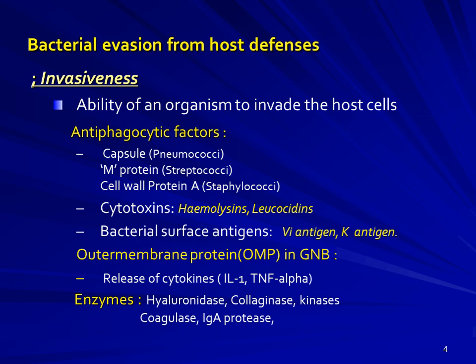IgA proteases are produced by respiratory pathogens, and even gonococci produce IgA proteases. The IgA antibody, which protects the mucosal surfaces, is destroyed by the protease enzymes produced by the pathogenic bacteria, and they evade the mucosal immunological functions of the host.